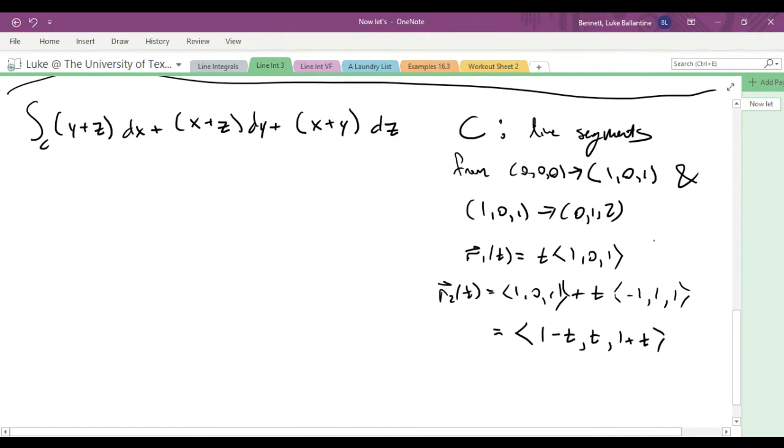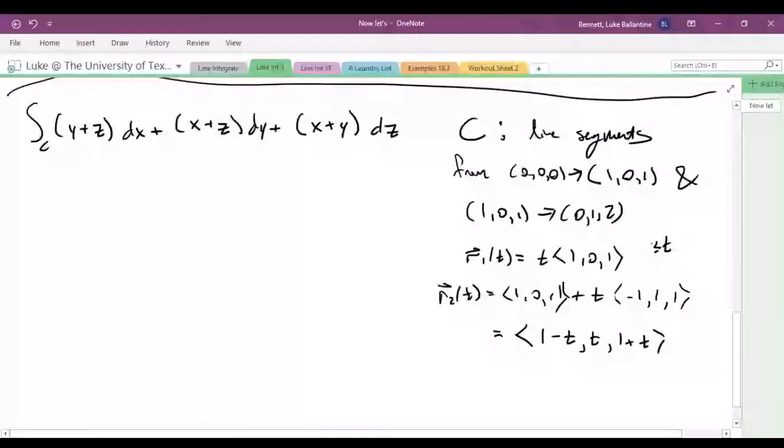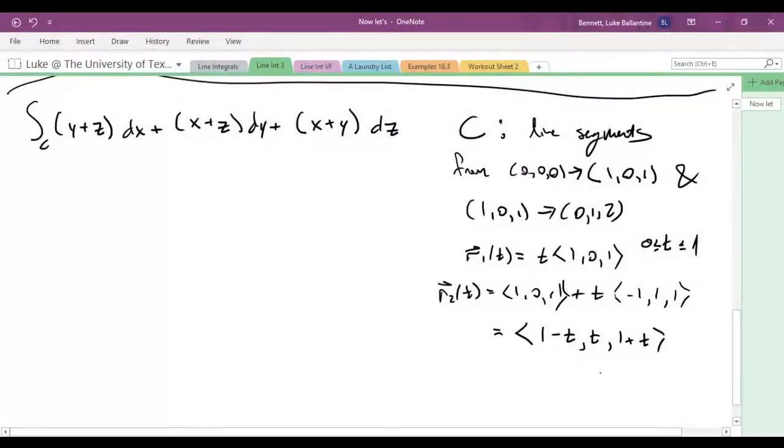First guy being from t is 0 to t is 1. Second, I think we set it up so that it could be the same. Plug in 0, we get the first one. We plug in 1, we get the second one. So this is the integral over C1, 0 to 1.